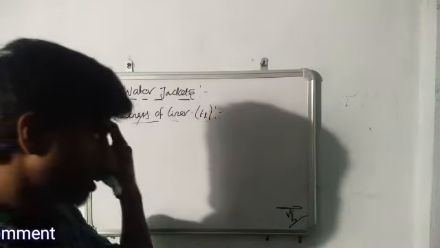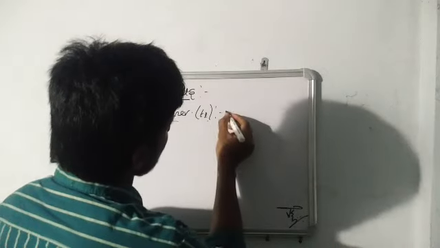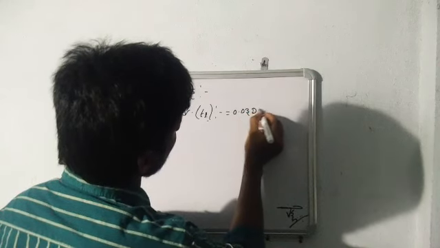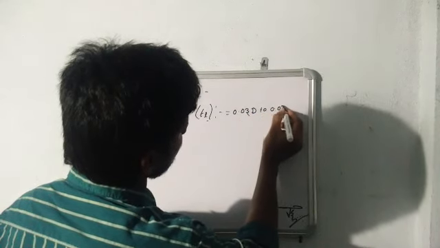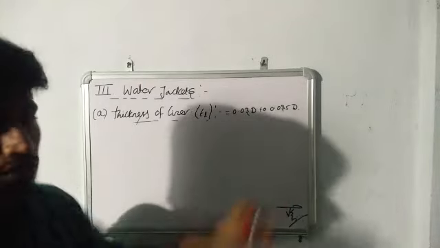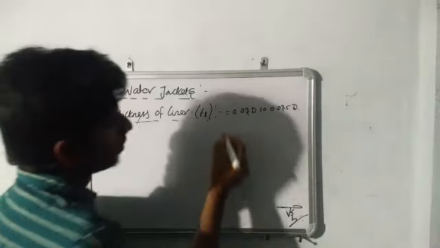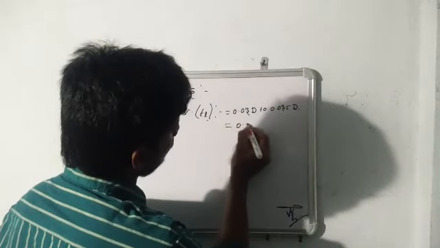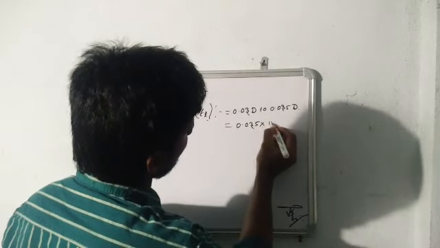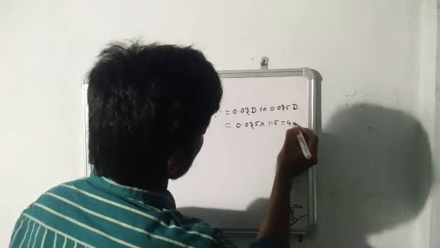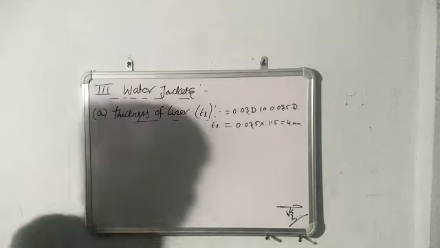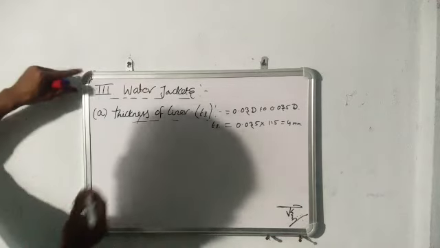We know the thickness of liner is equal to 0.03 times of d to 0.035 times of d. It's your choice between this range, consider any value. Finally 0.035 into 115, we get approximately 4 mm. This is the thickness of liner value. So go to the next step.